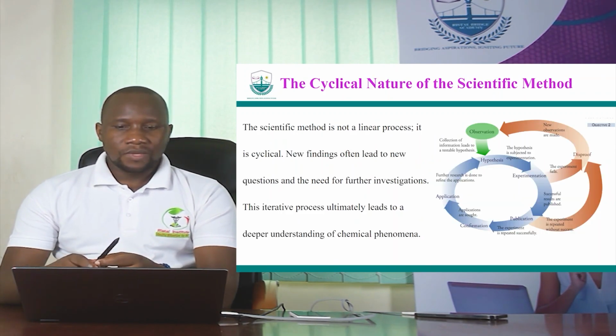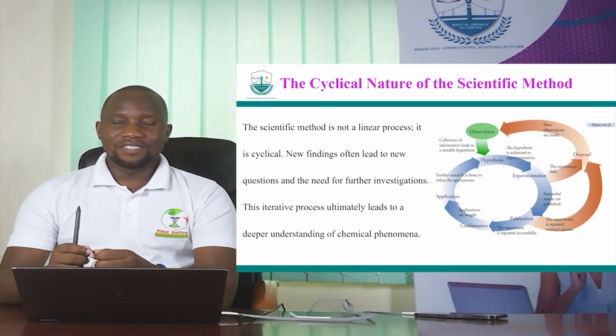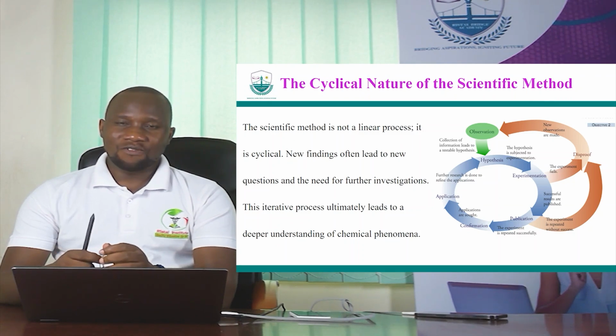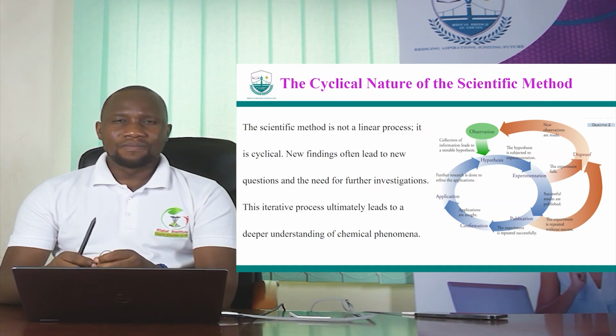Okay. So one thing that perhaps did not come out in my explanation is the fact that the scientific process is not a linear process. I don't know how I can emphasize that so much, but scientists actually do fail.